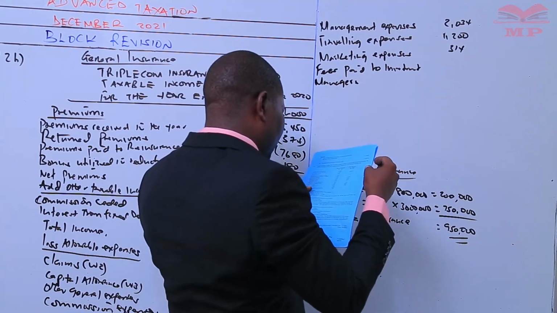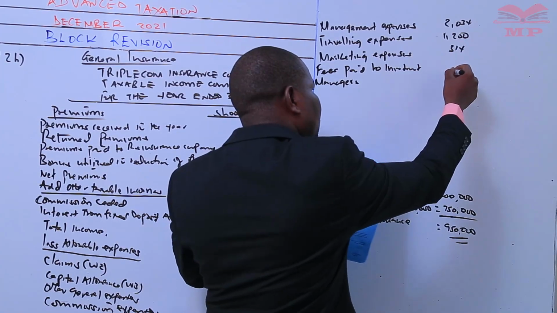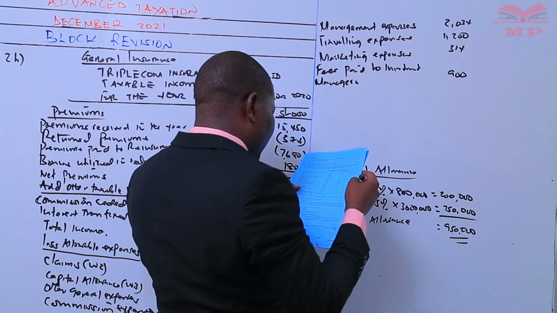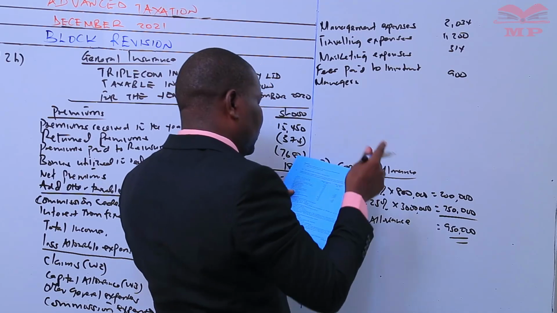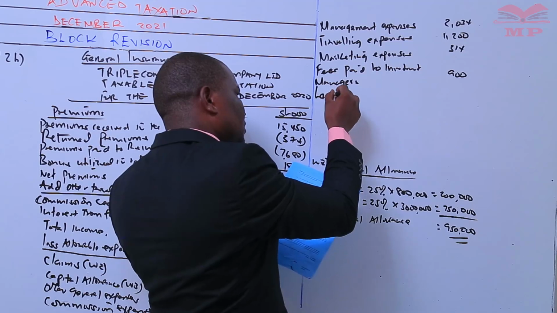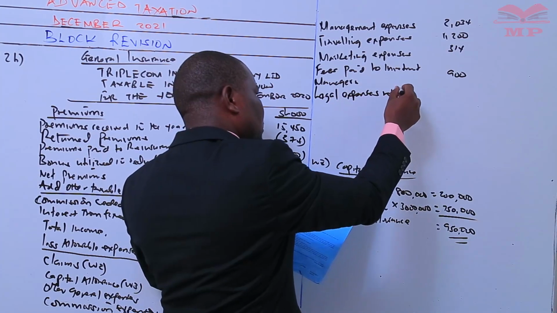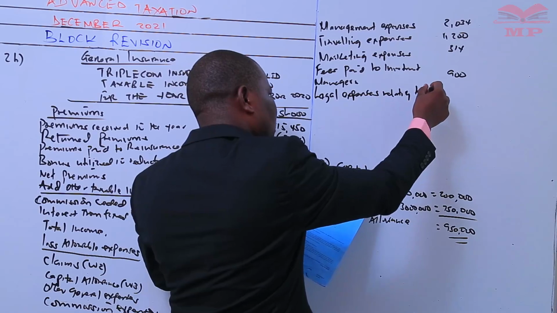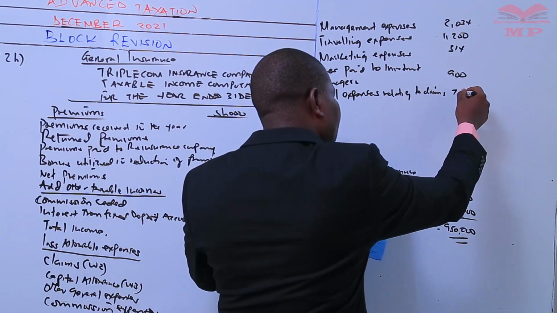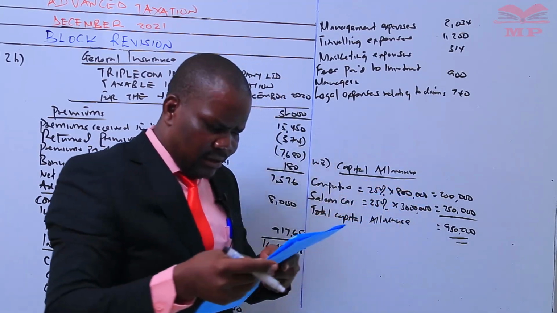The amount is 900. We have legal expenses relating to claims, allowable. Legal expenses relating to claims. The amount is 740. General expenses we have dealt with.